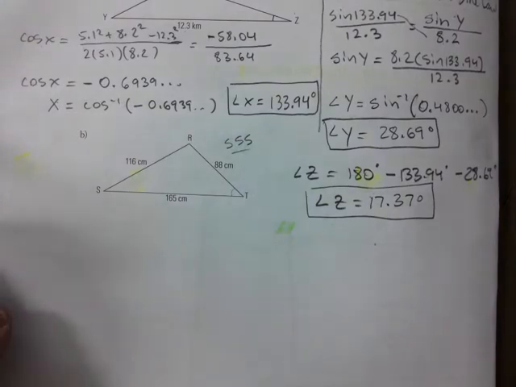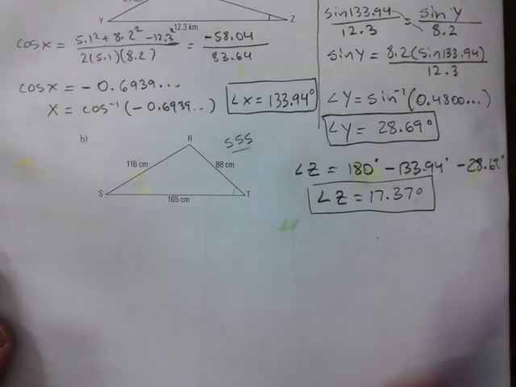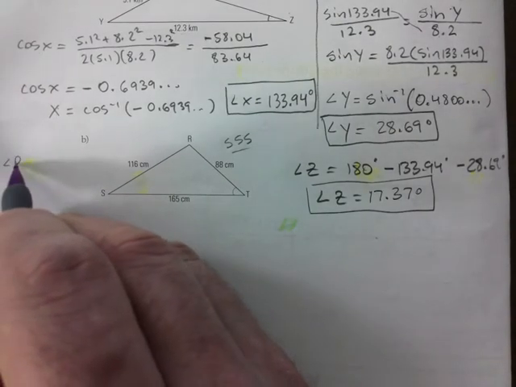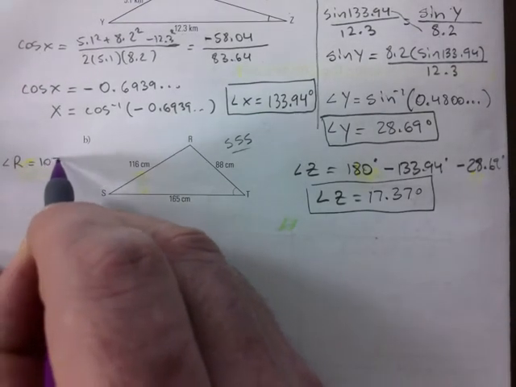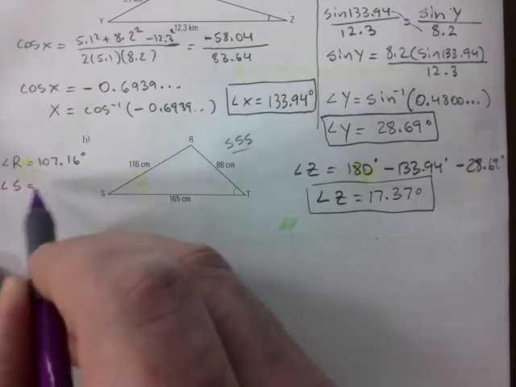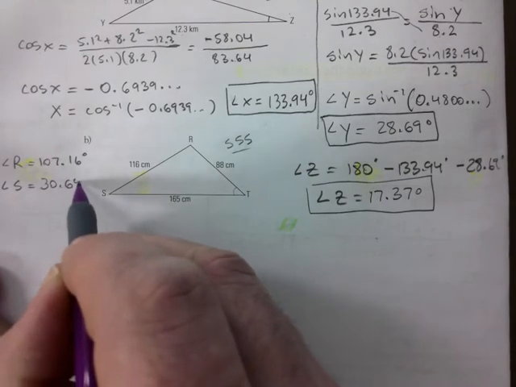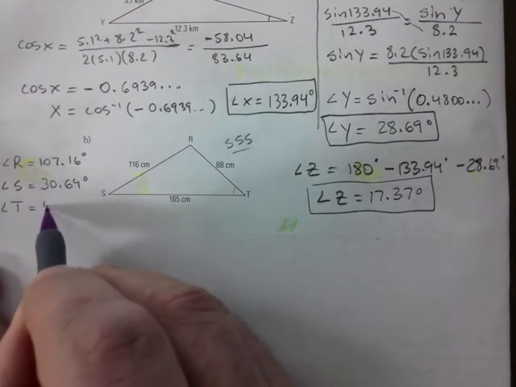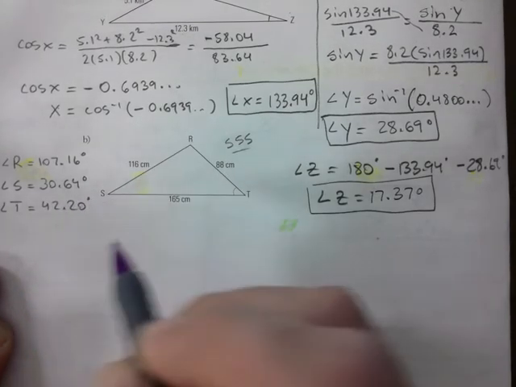Now, I'm going to give you the answers for this one. Angle R is supposed to be 107.16 degrees. Angle S is supposed to be 30.64 degrees. And angle T is supposed to be 42.20 degrees.